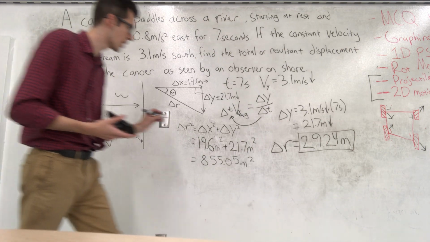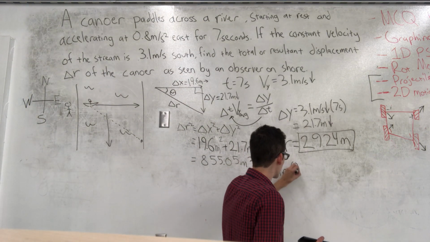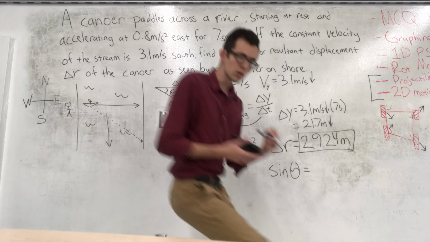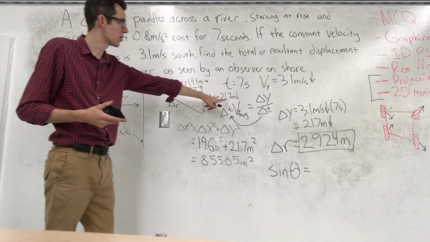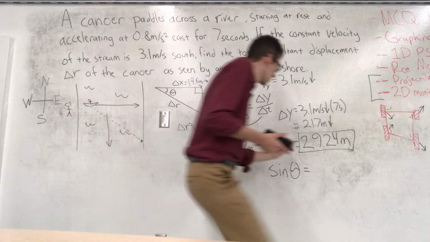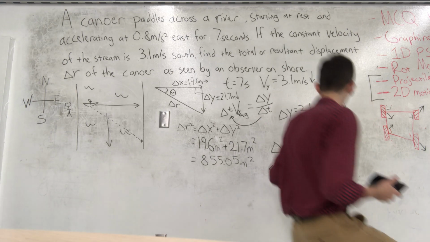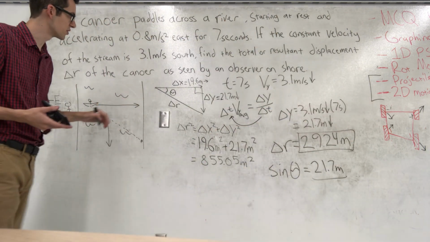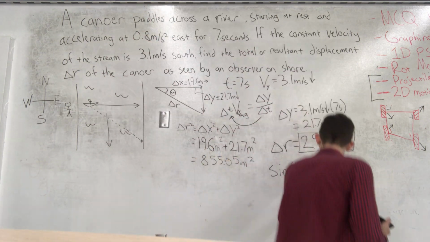So if we set this up, the sine of my angle theta is equal to the opposite side, delta y, or 21.7 meters, divided by the hypotenuse of the triangle, delta r, which is 29.24 meters.